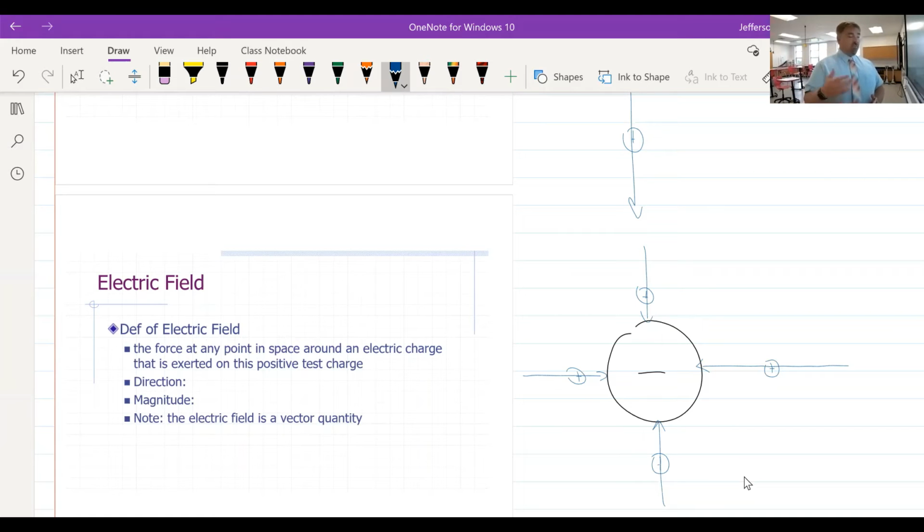If you're looking at a negative, it's actually going in the opposite direction. So we can say that the direction of the electric field is the direction that a positive charge would move. We're going to define it all in terms of that.